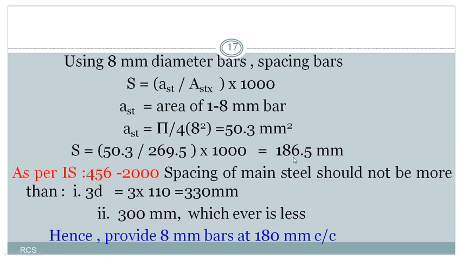See, the obtained value is 186.5 mm and 3d equals 330 mm if you substitute small d as 110 here, and the other criterion is 300 mm. The minimum of these three values is provided as the spacing for main reinforcement in the midspan region, that is the middle strip region. As the minimum value is 186.5 mm, we are rounding down to 180 mm, hence provide 8 mm bars at 180 mm center to center distance.